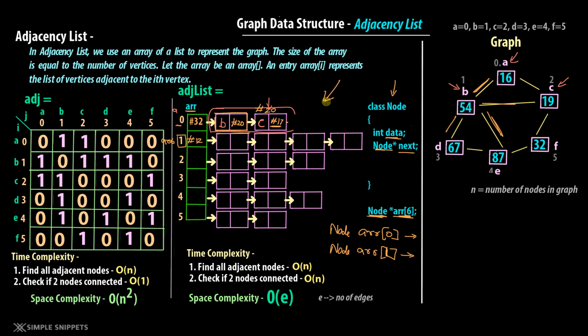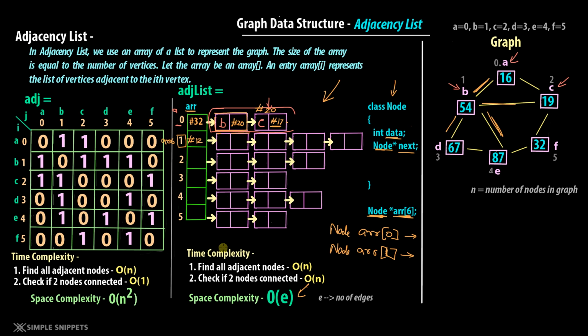The biggest advantage of adjacency list is, as I mentioned, the space complexity is equal to the number of edges and not to the square of the number of vertices. And when it comes to time complexity, most of the operations have similar time complexity, just like adjacency matrix.